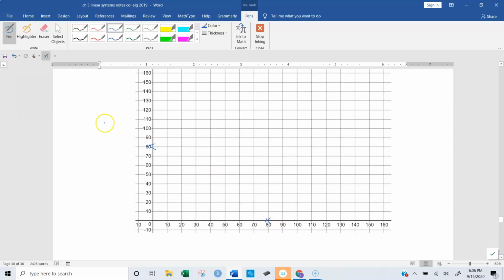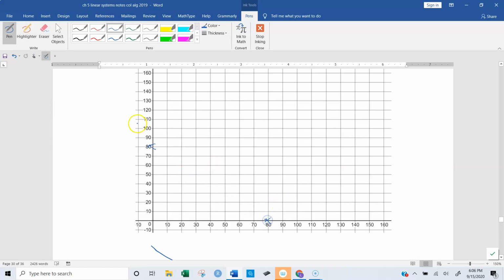Less than or equal to, so we're going to draw a line that's solid. Please use a straight edge, because where they intersect is very important. Even though I do not have one, you must do better than me.